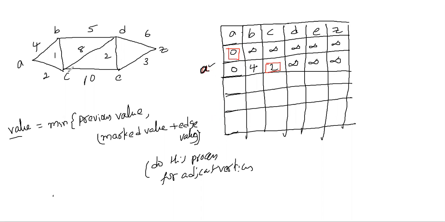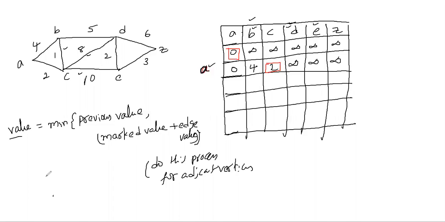For C, the adjacent vertices are B, D, E. You update the values for the E vertex, D vertex and B vertex. These three you have to update.